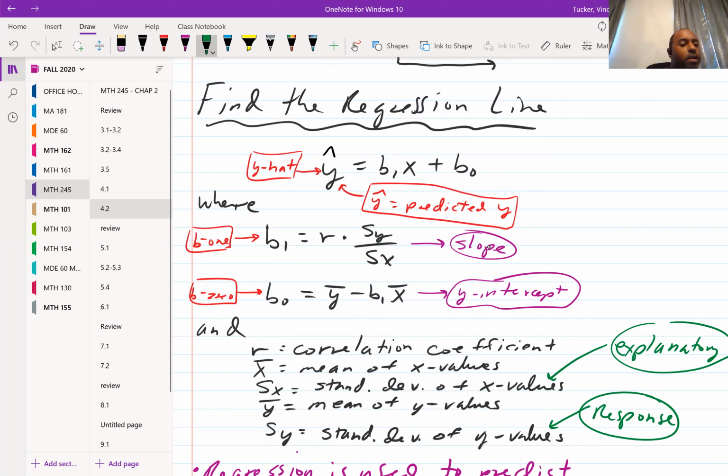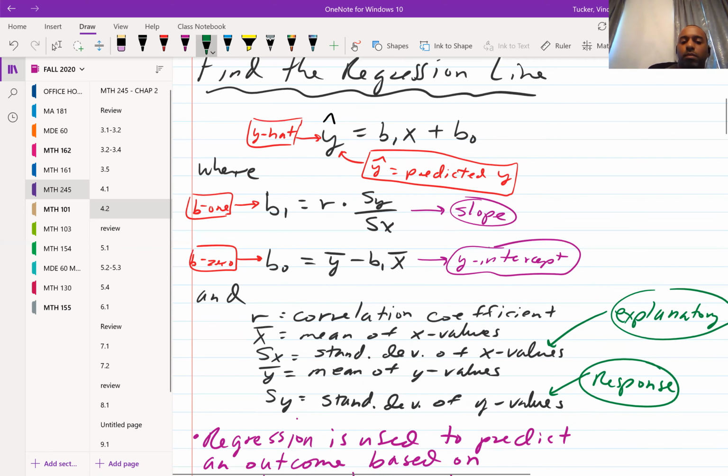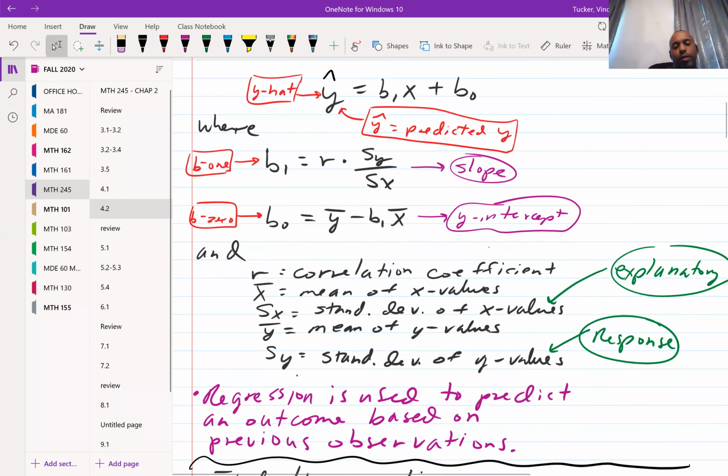Just reminding you of that. And in the purple, that's what I mentioned: your regression line is used to predict an outcome based on previous observations.